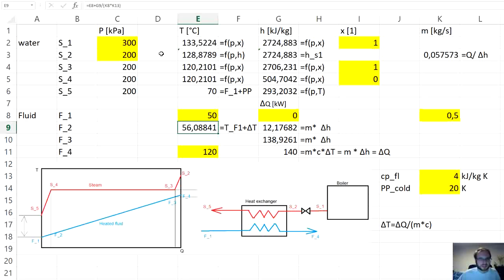And we got 56 degrees C. And now let's look at this value and this value, and we should get also the temperature at the point F3.